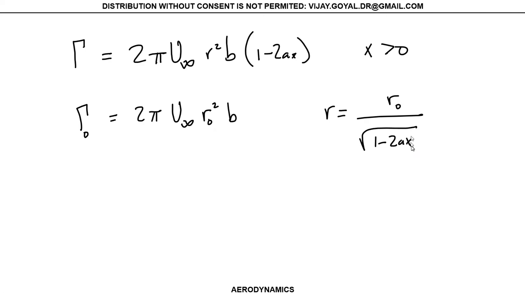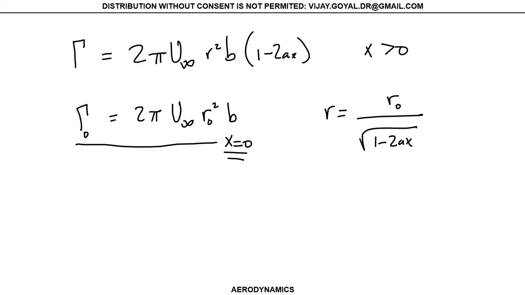So that's what r sub 0 is. That's the value when x is equal to 0. Now, given that, let's continue our derivation and see what we get.